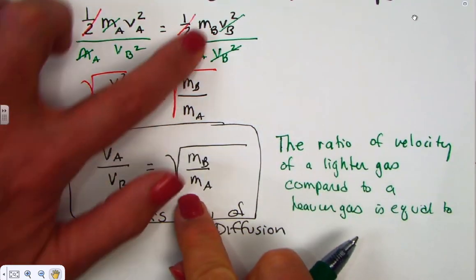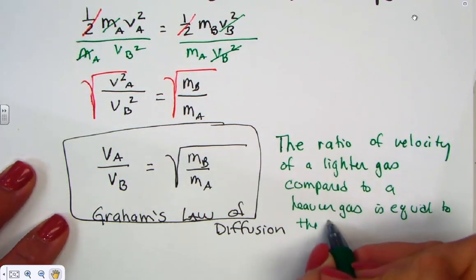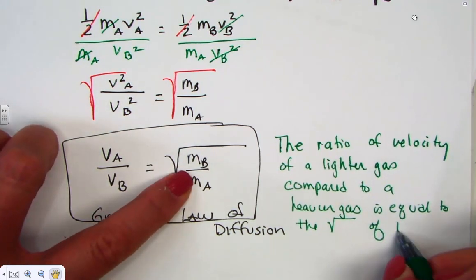That was necessary because in the kinetic energy formula, velocities were squared. It is equal to the square root of the inverse of their molar mass.